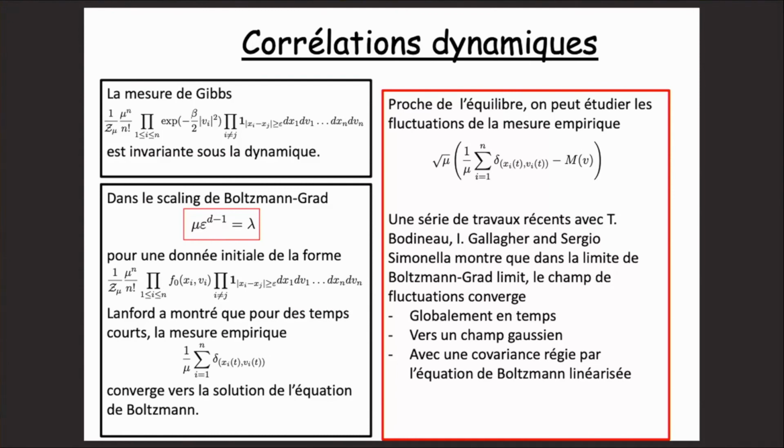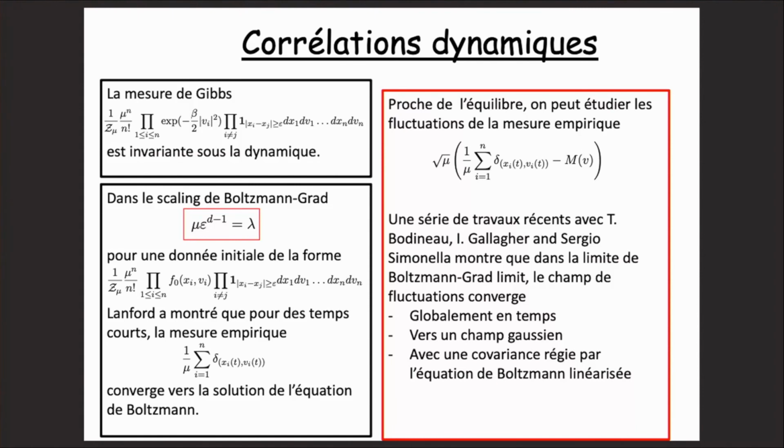Then there was a proof by Lanford, something like 40 years ago, which proved that if you look at the empirical measure of these particles, so you just put a Dirac mass each time you have a particle, and then you average this. For those of you who know a bit about the law of large numbers, you see that it's really something like that: you have random variables and then you sum over all possible ones.